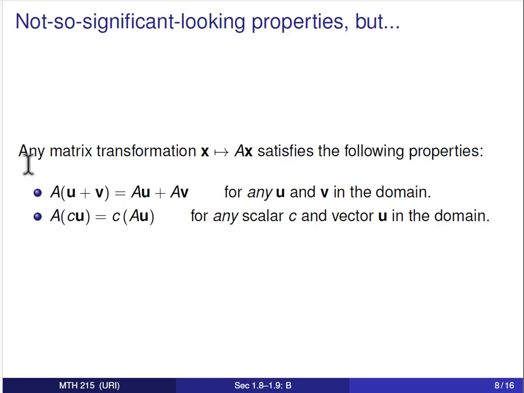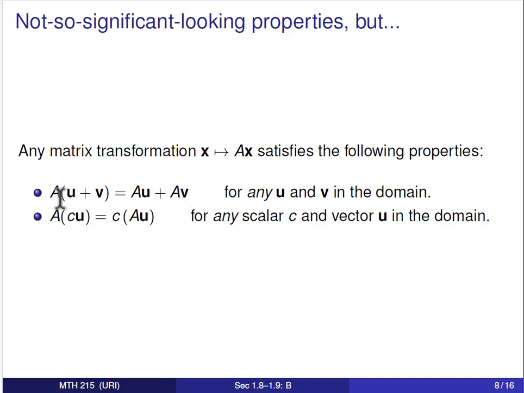Now, one of the things that makes this all work are these properties shown here. When you multiply a matrix A onto a sum of two vectors, the matrix transformation of u plus v, it turns out that's the same as A times u plus A times v.